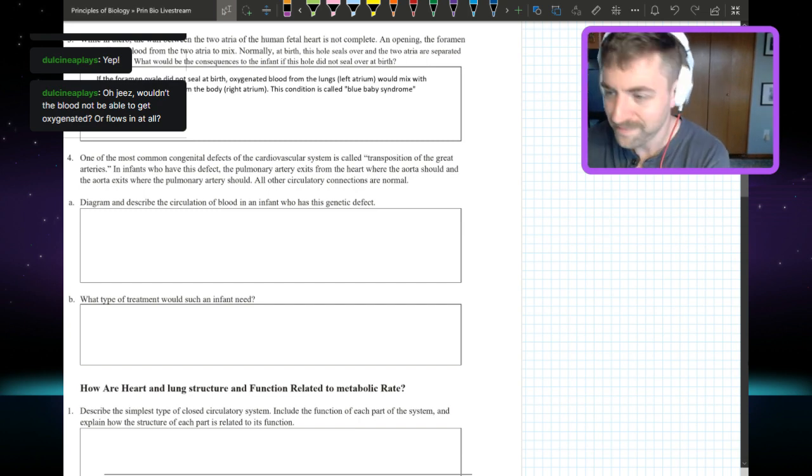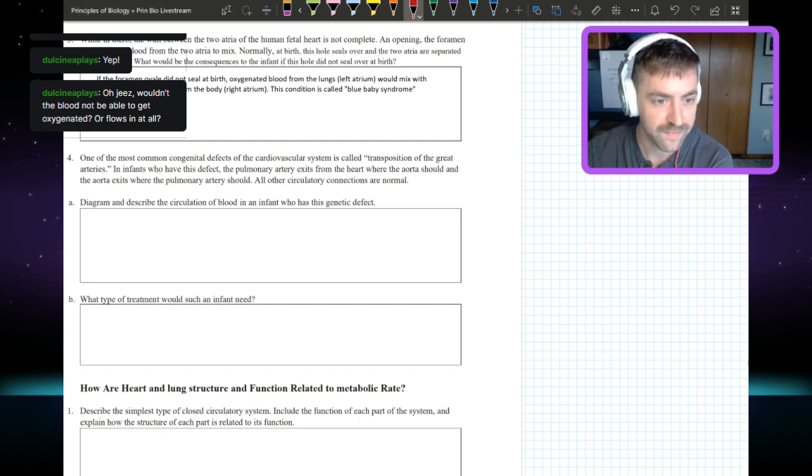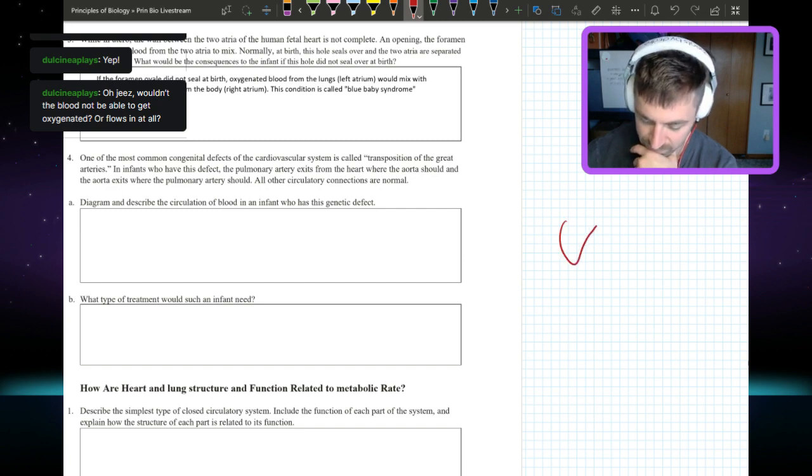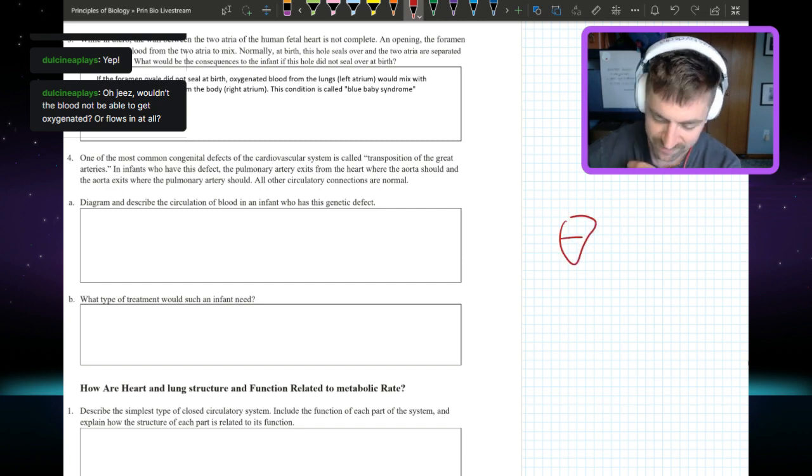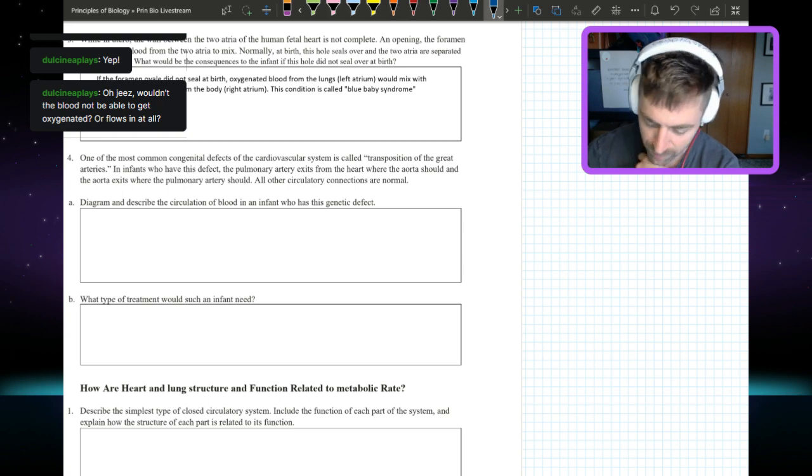But this is kind of cool. So, transposition of the great arteries. An infant who has this defect, the pulmonary artery exits from the heart where the aorta should. Actually, I'm going to color this, helpful for my brain.